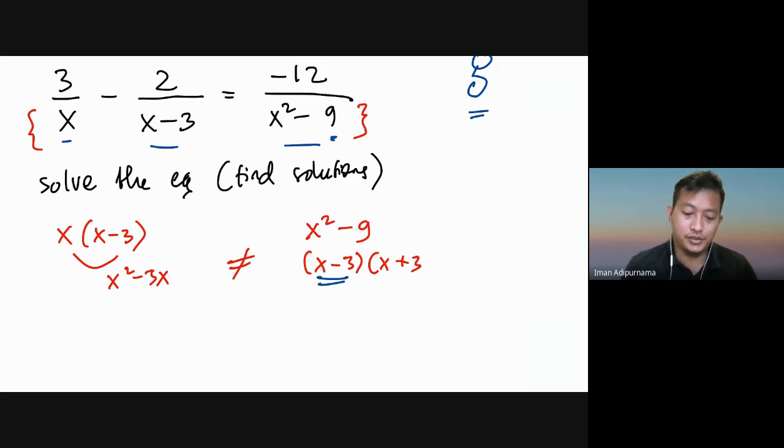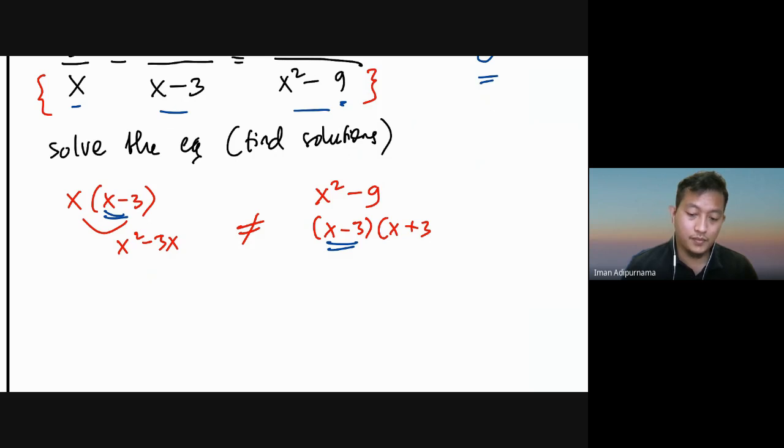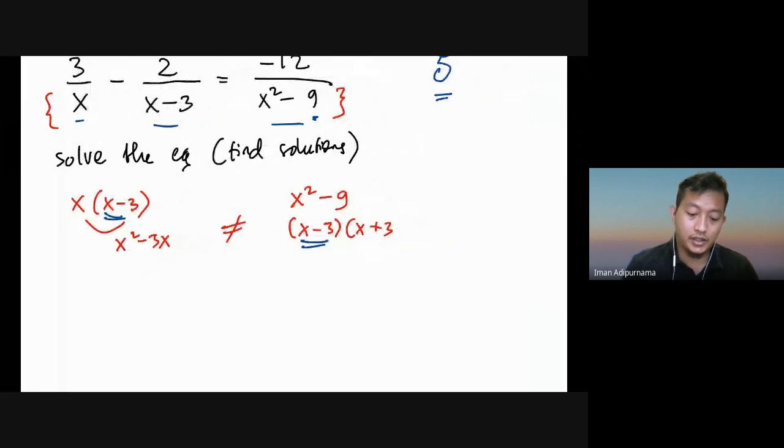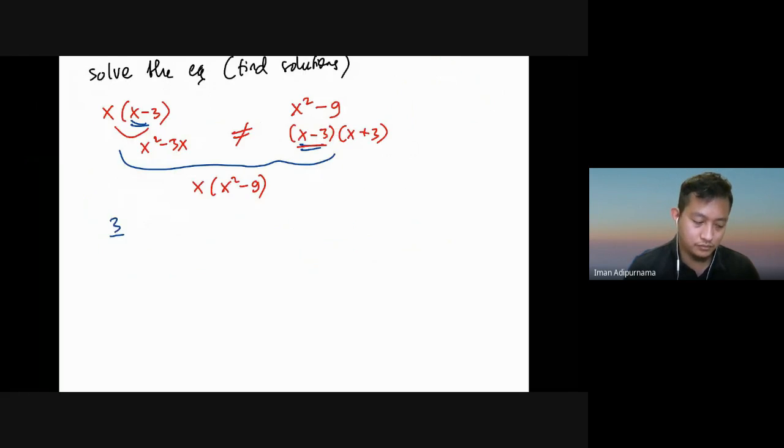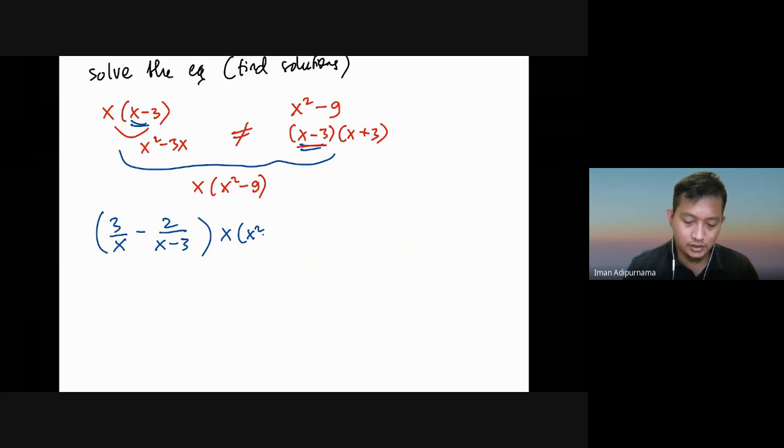It has the same x minus 3. So to remove all of these, we need to multiply by the common factor of all of these. So we multiply by x and x squared minus 9, because if you divide x squared minus 9 by x minus 3, you will get x plus 3. So let's try that one. Multiply with x and then x squared minus 9.